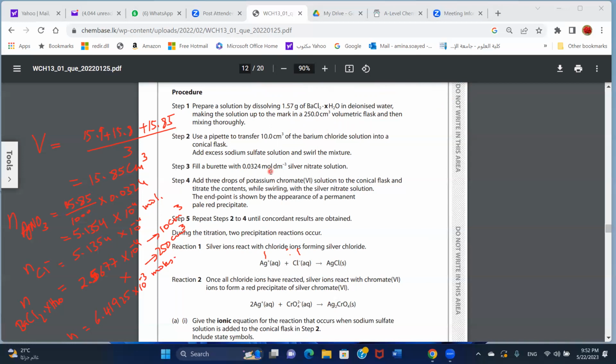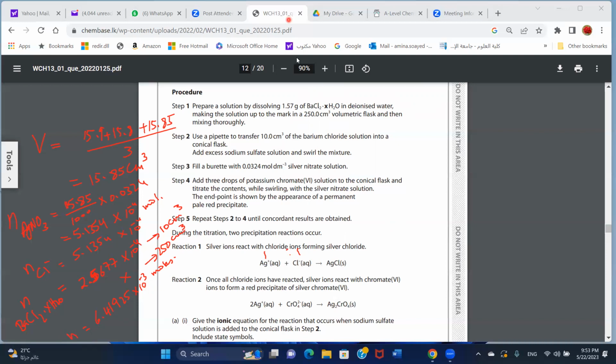Okay, but we didn't get a mass. We just got the number of moles. So how can you get the mass? We find the MR, isn't it?